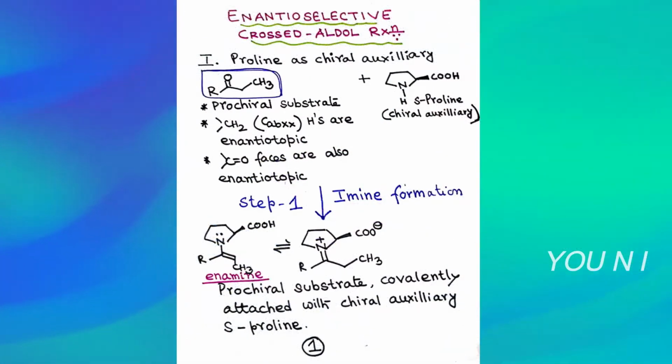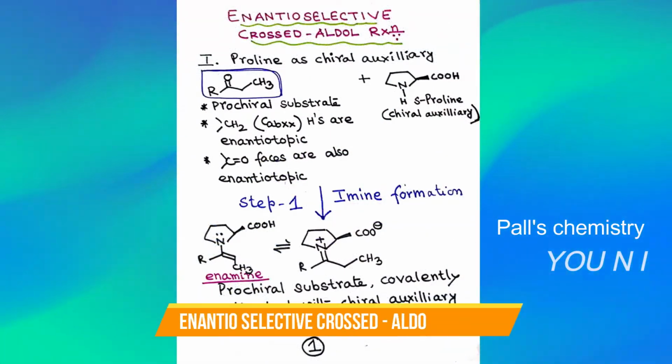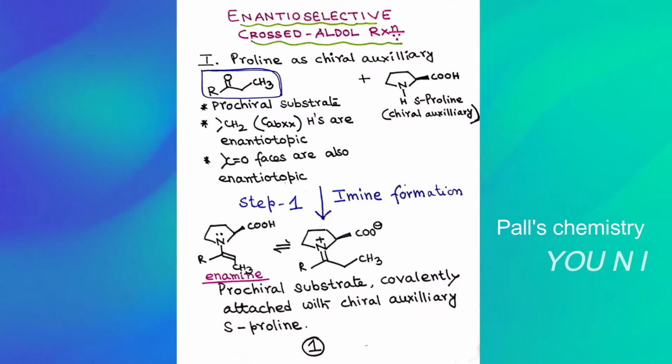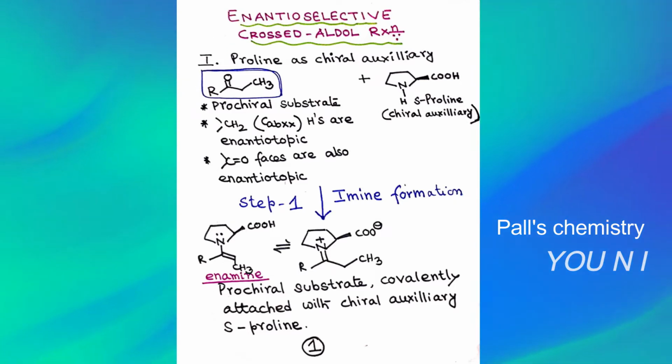Dear students, today my topic is enantioselective crossed aldol reaction. Now, as all of us know, any enantioselective reaction can be successfully achieved by applying any one of four important strategies. What are the strategies?